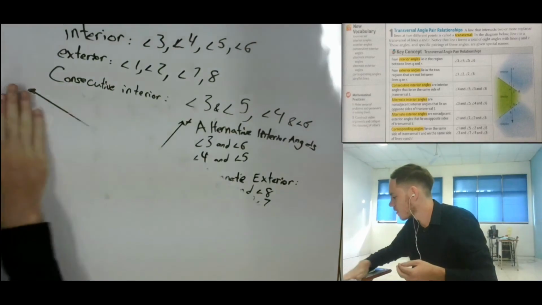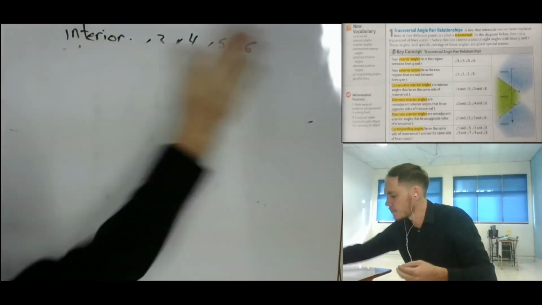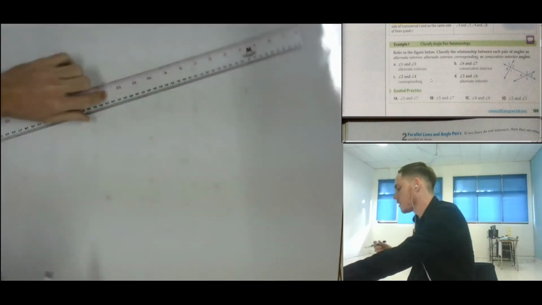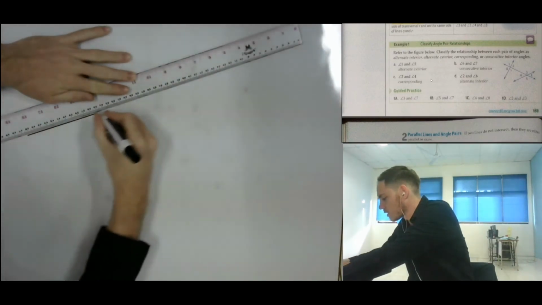Let's look at some book examples, then we'll go into parallel lines. So, labeling. Let's give you an example that you can just pause the video and work on.